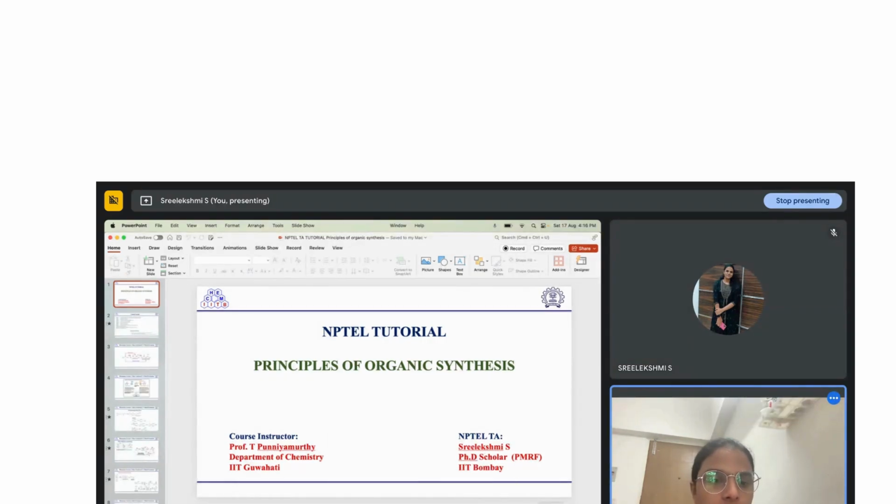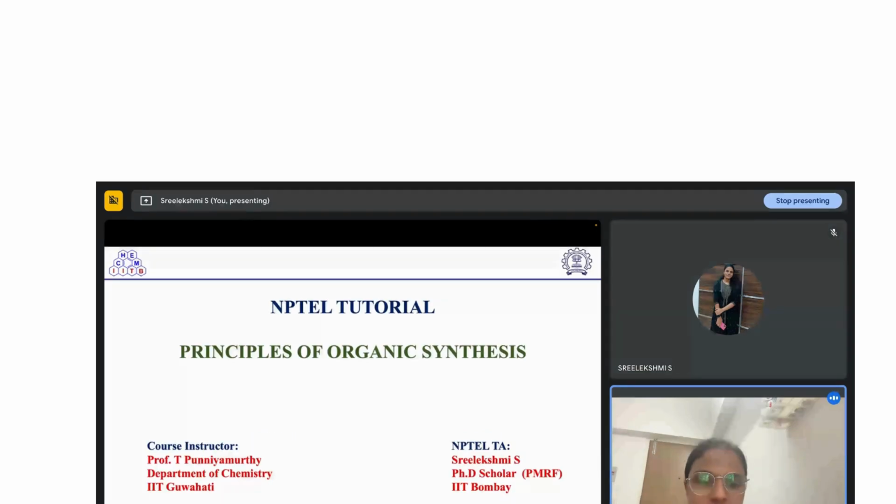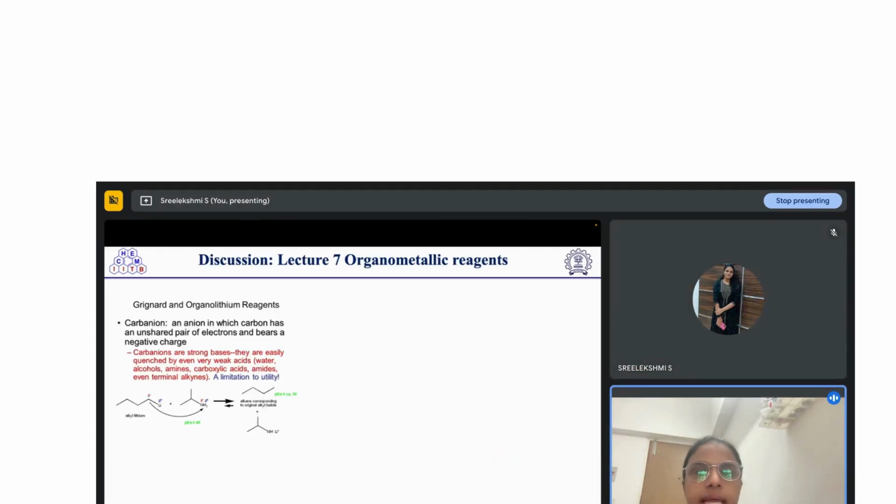That is organometallic reagents. In an alkyl halide, the carbon will be positively polarized and the halogen negatively polarized, because of the electronegativity difference between the carbon and the halogen.